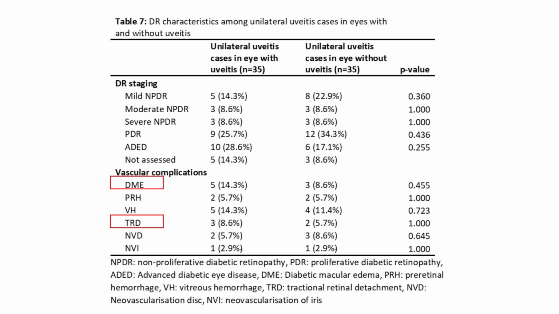However, as we can note, there is a slightly higher proportion of diabetic macular edema and TRD in eyes with uveitis as compared to their contralateral eyes without uveitis. Again, none of these values reached statistical significance.